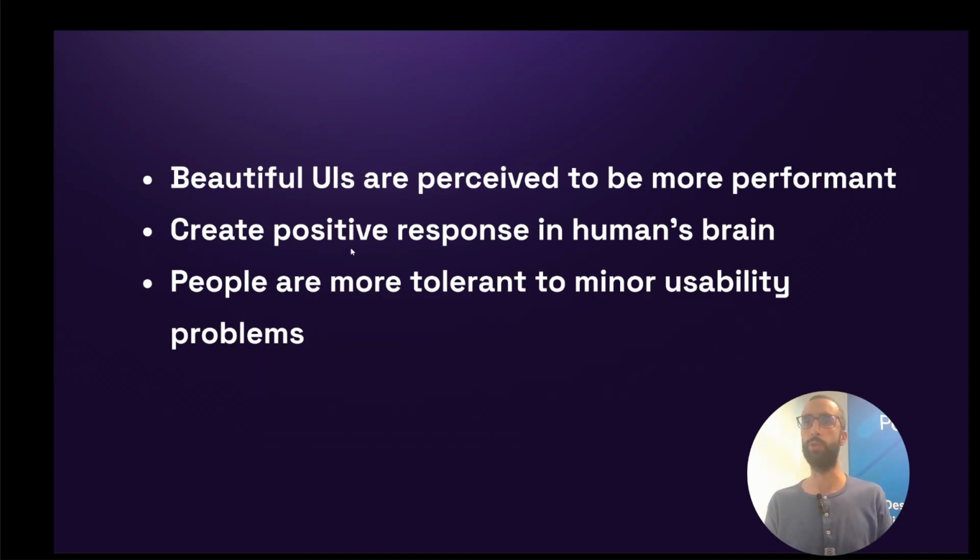So to conclude, beautiful UIs are perceived to be more performant and create a positive response in humans' brains. People are more tolerant to minor usability problems when they are faced with a good UI. So it is very important to have a good user interface.